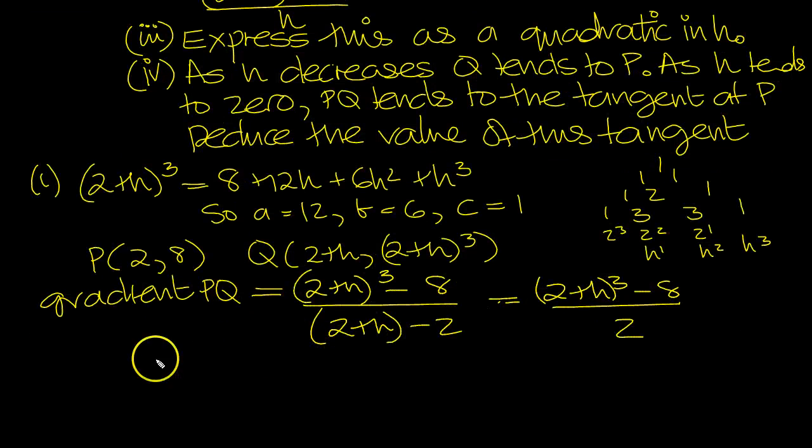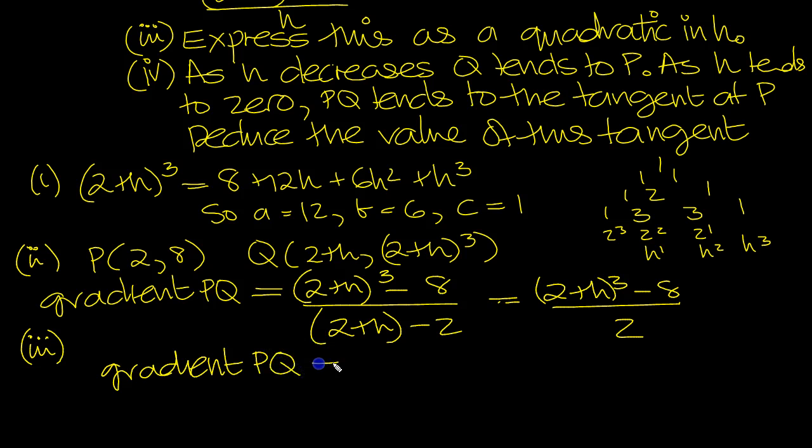Express this as a quadratic in h. So part 3, gradient PQ then. Well, it would be this, take 8, so it's 12h, because the 8's will cancel, plus 6h squared plus h cubed.